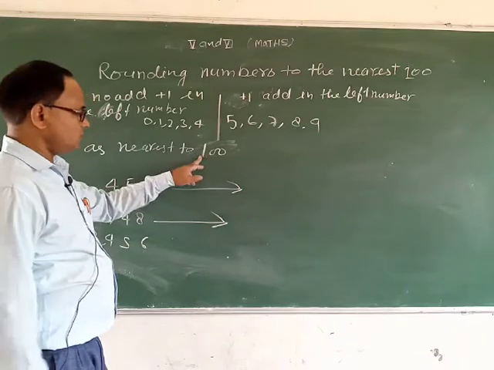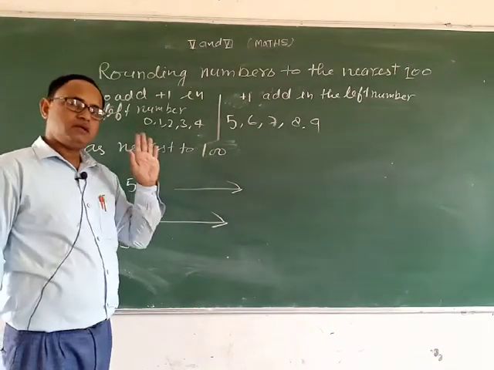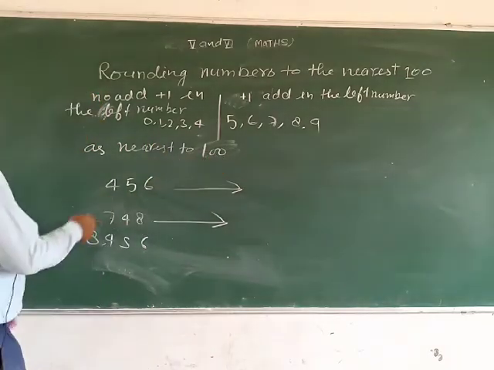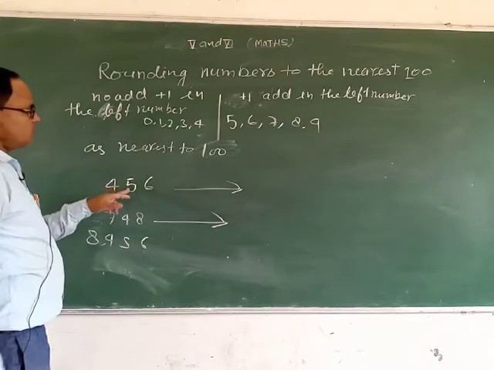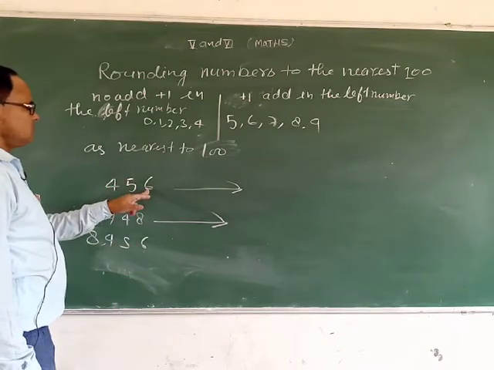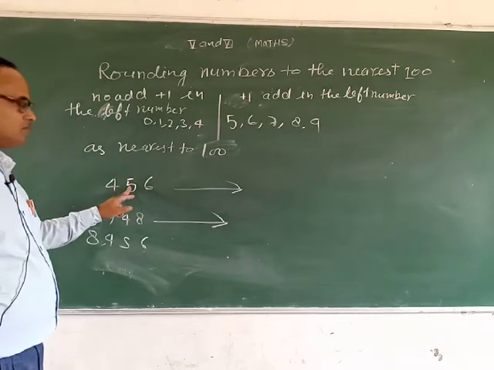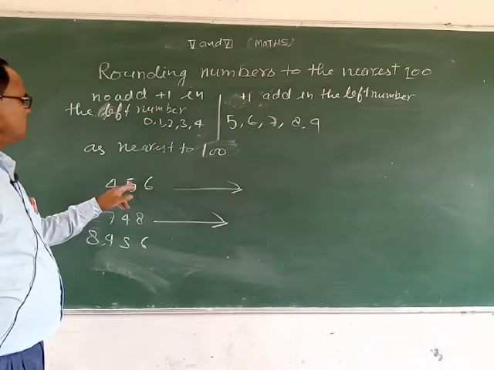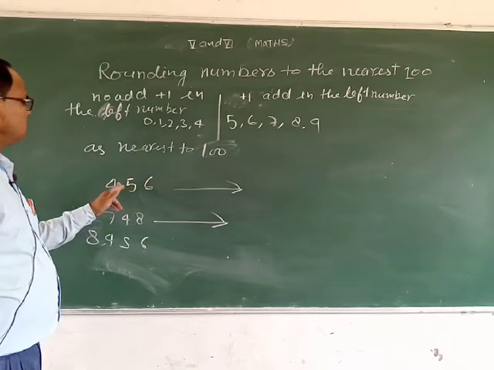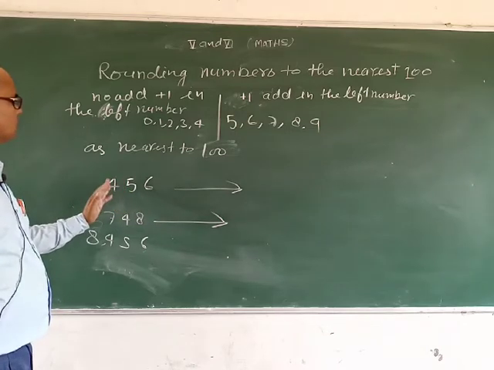Nearest value of 100. In this case, ones and tens digit will be 0. And observe, here 5, 6 digit will be 0. In this case, 6 terminate, +1 add in 5, left number, and 5 terminate, then add +1 in left number.